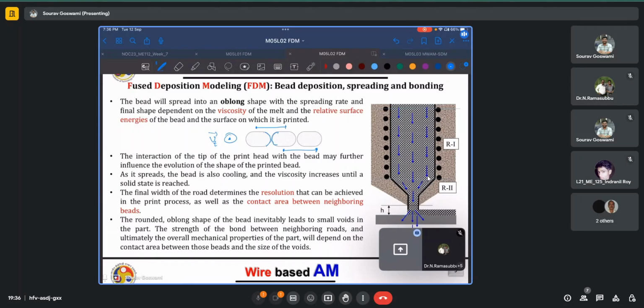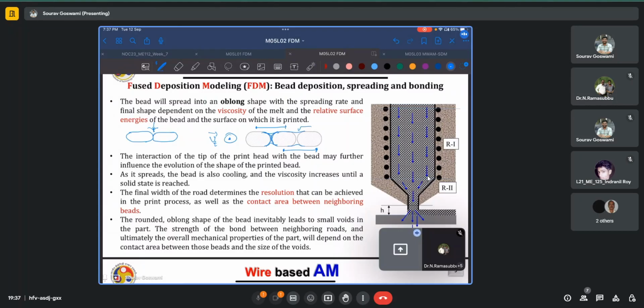So if they remain molten for a longer time, they may simply fuse together well. And even the top surface might be somewhat planar. If the cohesion is poor and the tracks retain their elliptical shapes, we'll have this non-planar feature, which is undesirable and can lead to voids.